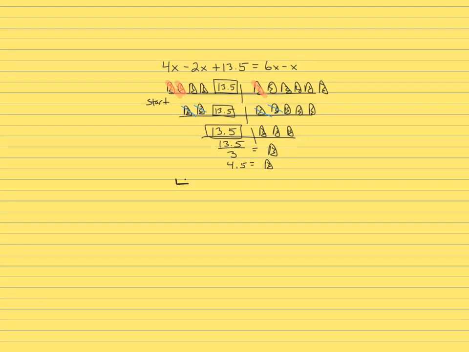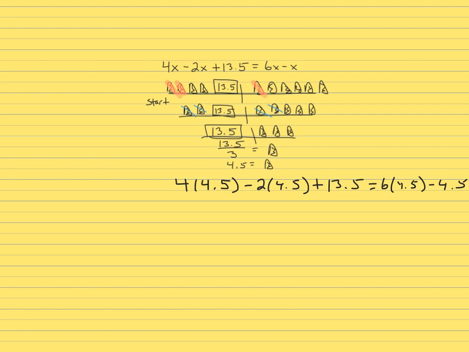So now when I do my check, it's going to become 4 times 4.5 minus 2 times 4.5 plus 13.5 is equal to 6 times 4.5 minus 4.5. I'm going to use my calculator just like I normally would.